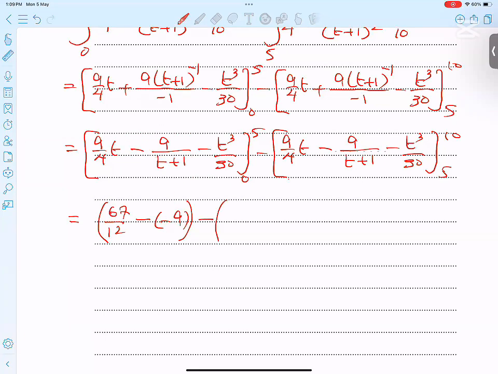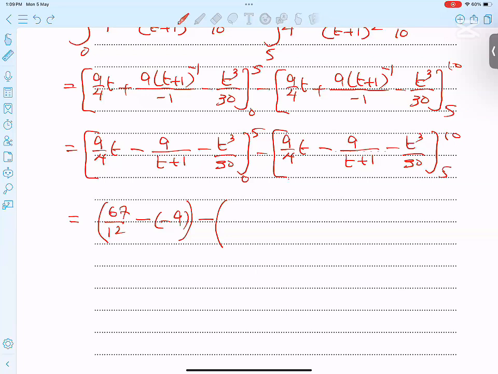Same story here. I'm going to plug in 10. When I plug in 10, what do I get? 9 over 4 into 10, minus 9 divided by 11, and minus 1,000, because 10 to the power 3 is 1,000, over 30. 1,000 over 30.